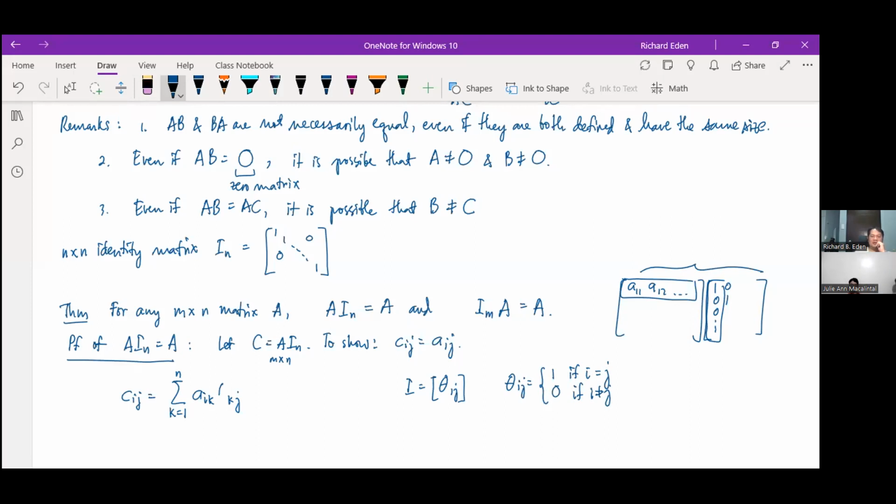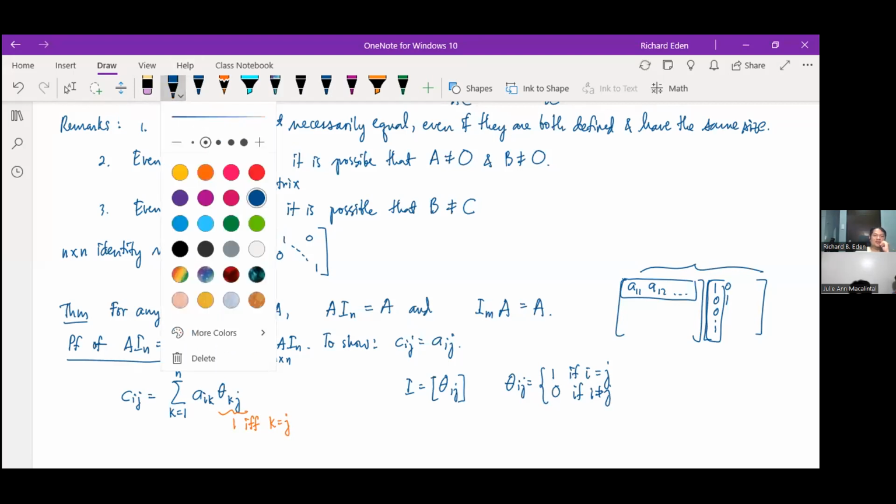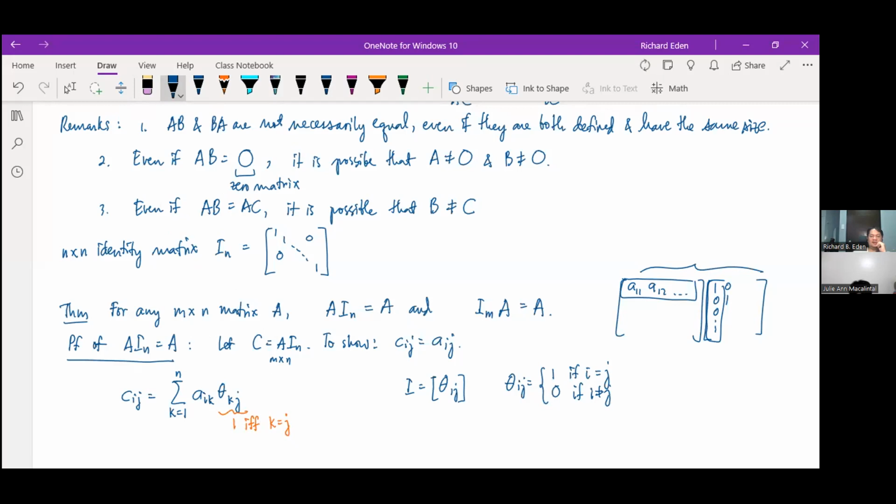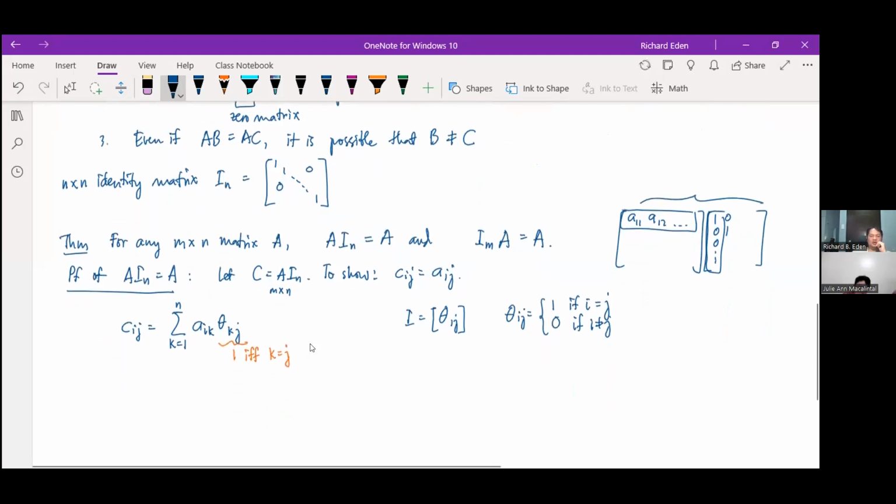So, theta. From what we pointed out, this is going to be 1 if and only if k is equal to j. Otherwise, if k and j are distinct, it's going to be 0, which means that when you carry out the summation, all the other terms would vanish and become 0. The only thing that's going to survive is when k is equal to j.